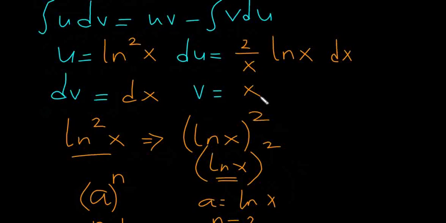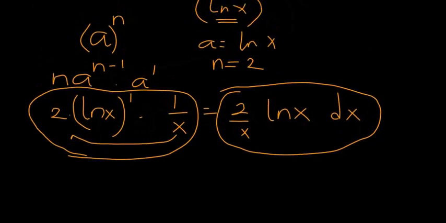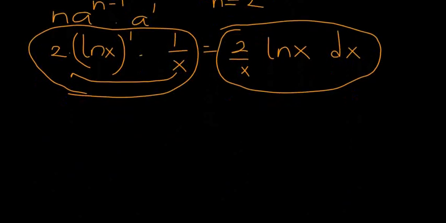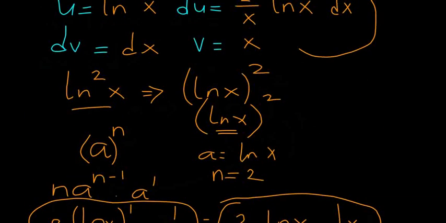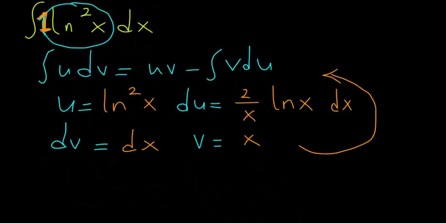Alright, so we have now found the value of du and the value of v. So we are now going to replace these values into the integration by parts formula so that we can proceed. Let's replace these values up here.